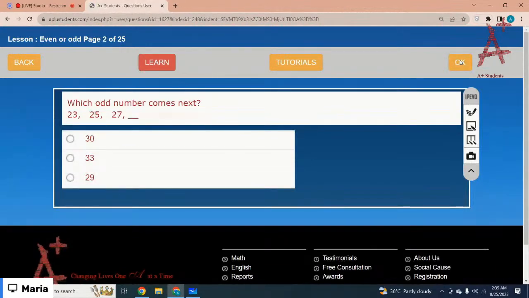Which odd number comes next? 23, 25, 27, right? You have to move by 2 digits, right? So right after 27, which is the next odd number, which is the correct option?